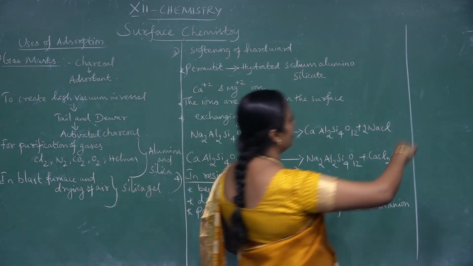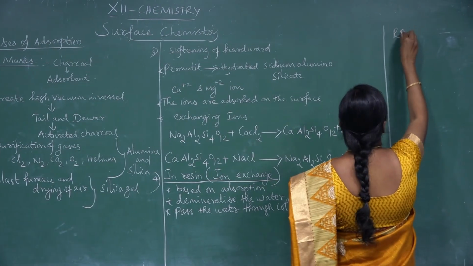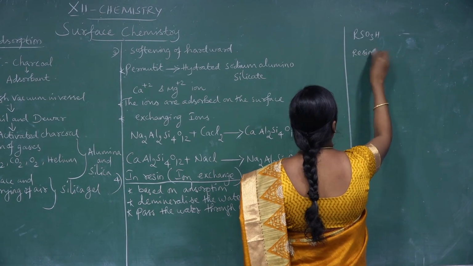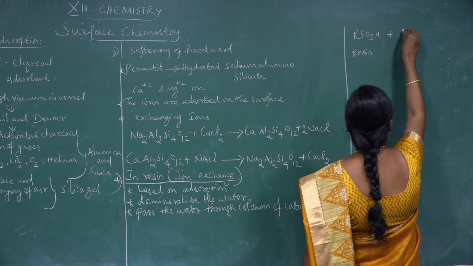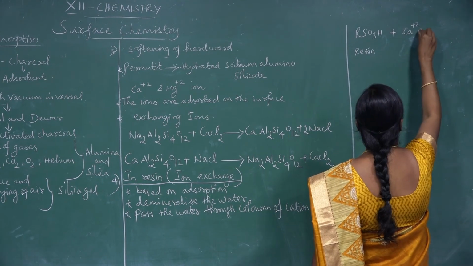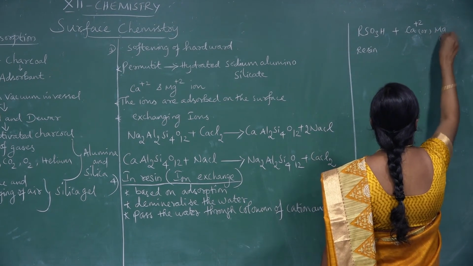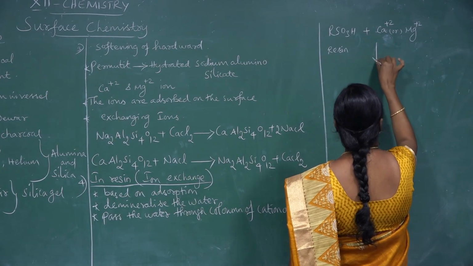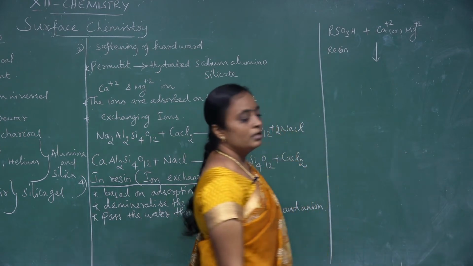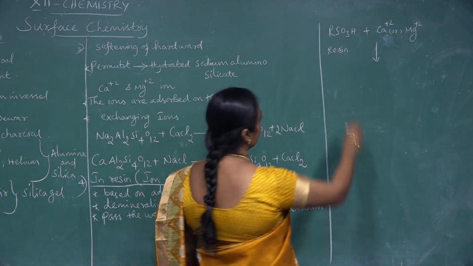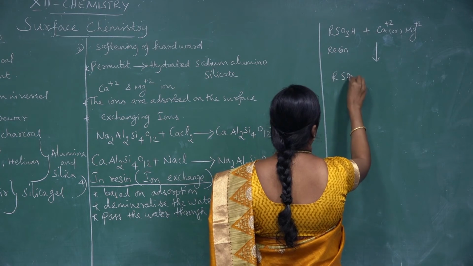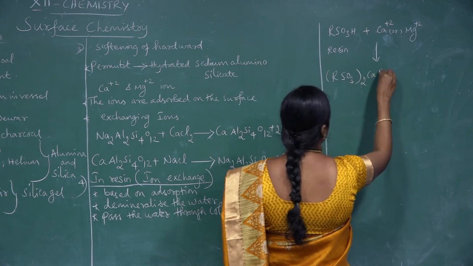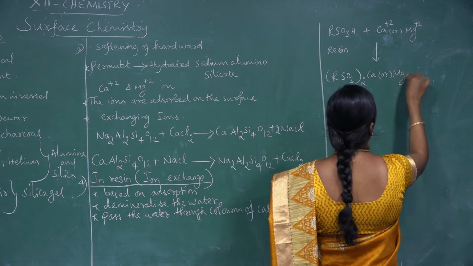Let me take one resin called RSO3H. This is a resin. If I add ions like Ca2+ or Mg2+, there will be exchanging of the ions. So the exchange will give R(SO3)2Ca; instead of Ca, we can use Mg.